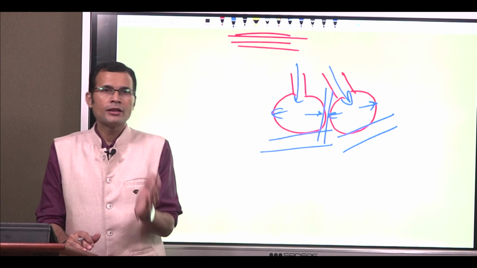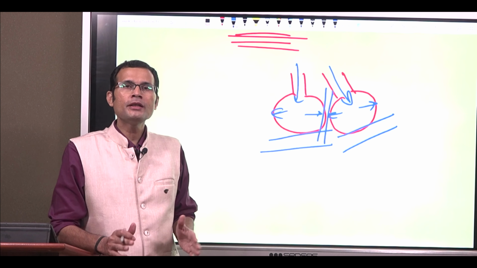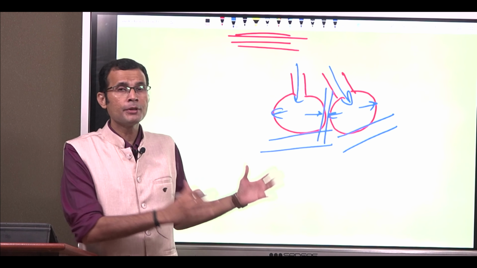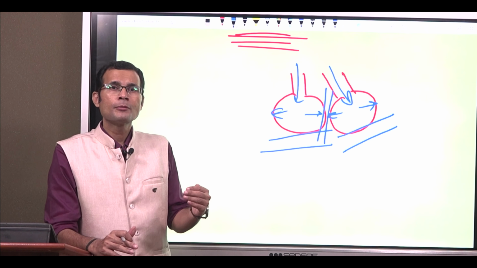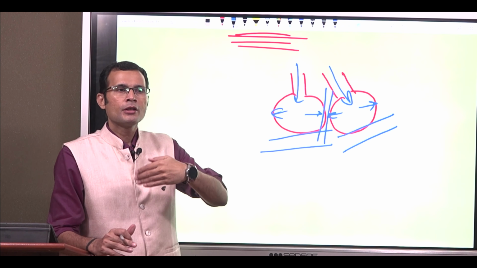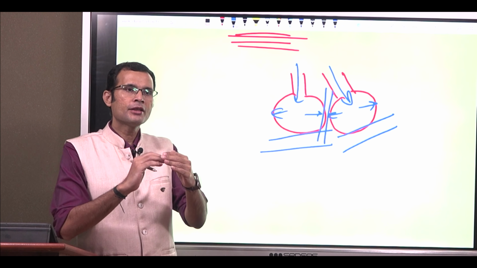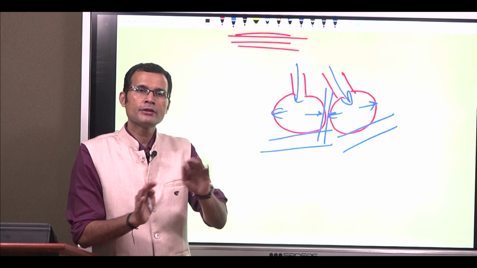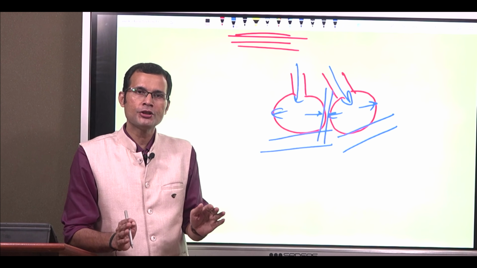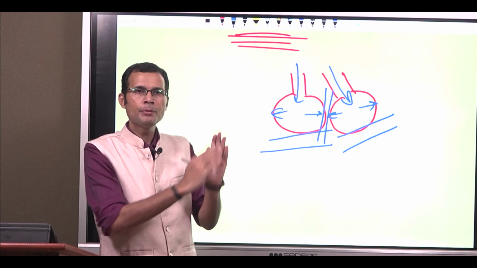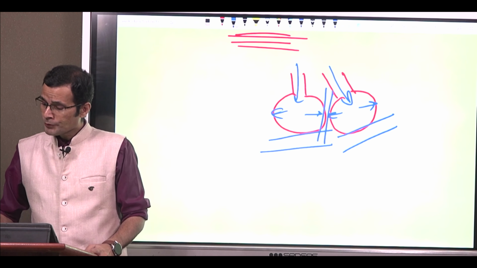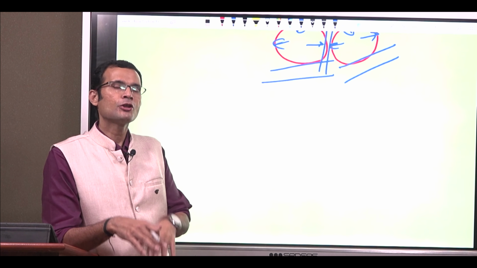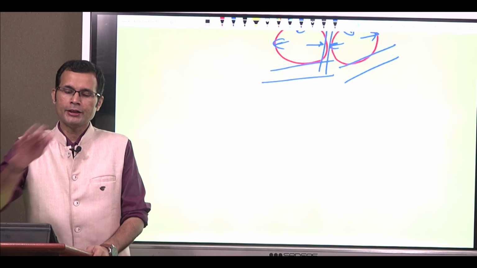Remember, when the lungs are at FRC, it is said to be the equilibrium position of the respiratory system. Why? Because the outward force on the thoracic cage and the inward recoil tendency of the lungs are equal and opposite, and they tend to cancel out each other. So the lungs are at FRC, and that is when the vascular resistance will be lowest, relatively.